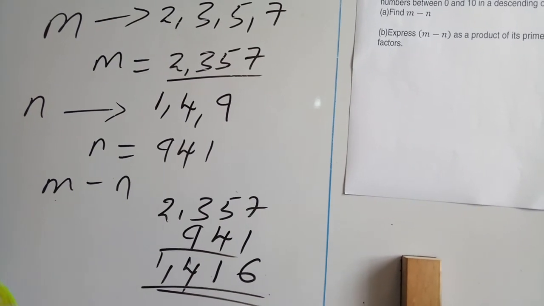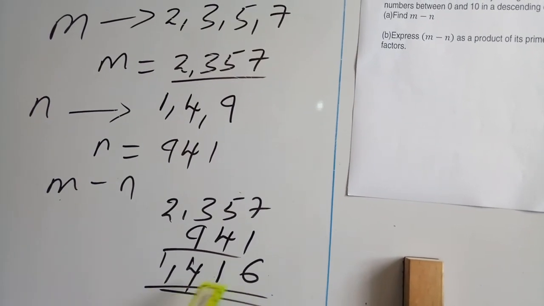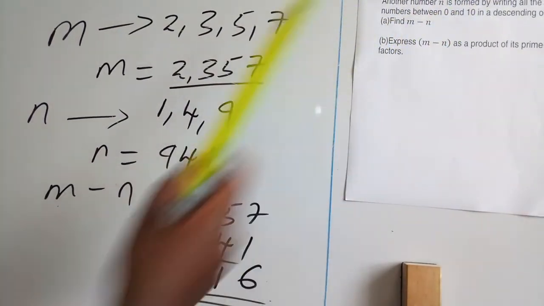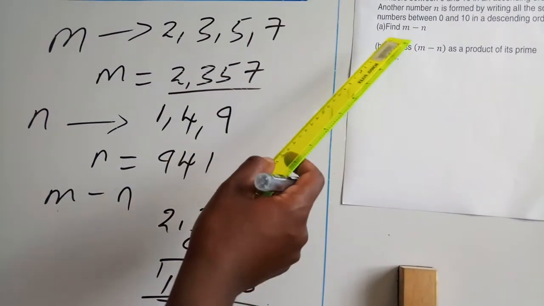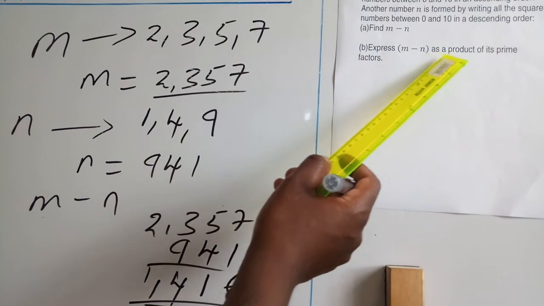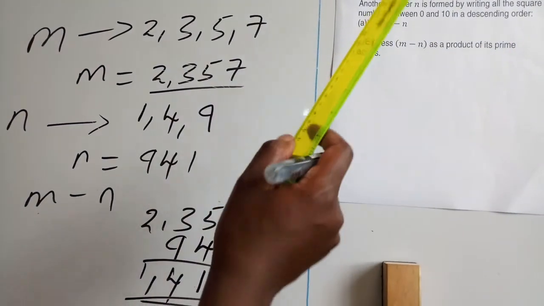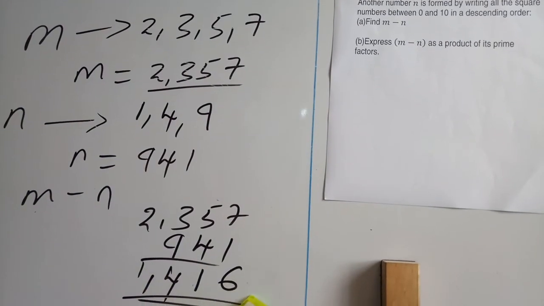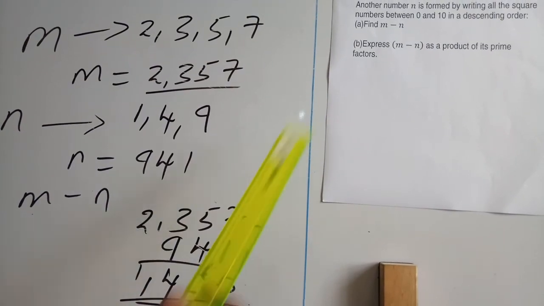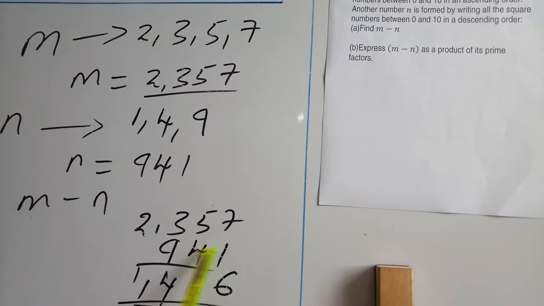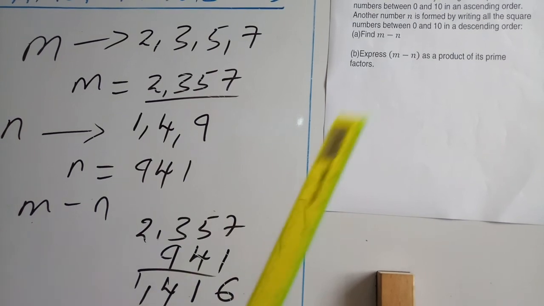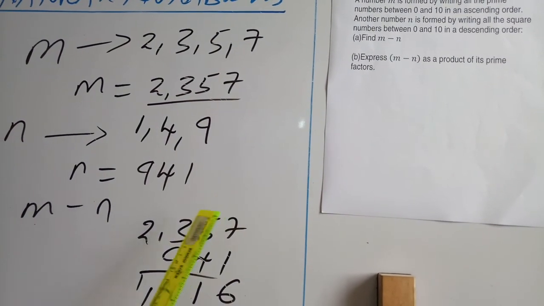This is the answer to part A of the question. Then you're told to express m minus n as a product of its prime factors. So I leave you with that part to do, something you've been doing since primary, so you can finish that. We shall check the answer in our next part.